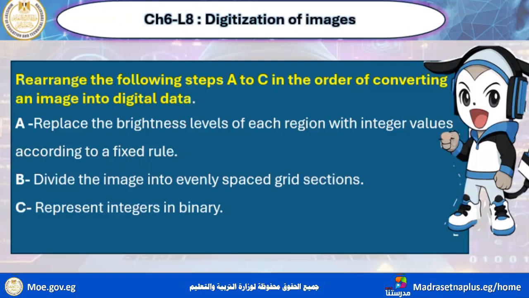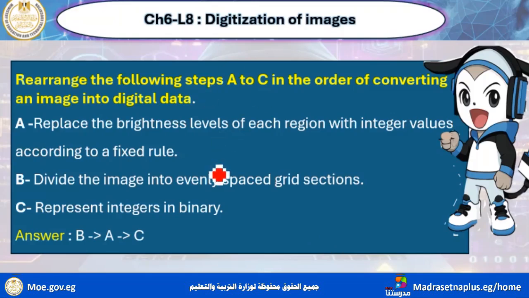No. The first step is to divide the image into evenly spaced grid sections, called pixels. Then replace the brightness level of each region with an integer value according to the rule, and then represent them in binary. So the correct arrangement is B, A, and C.